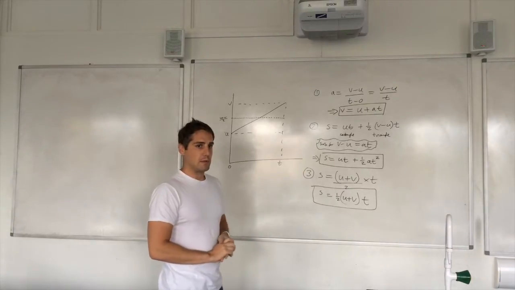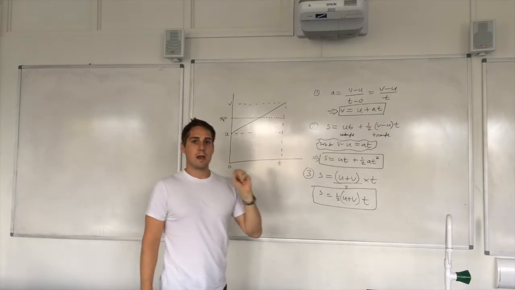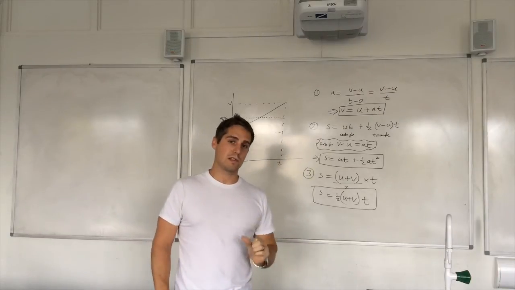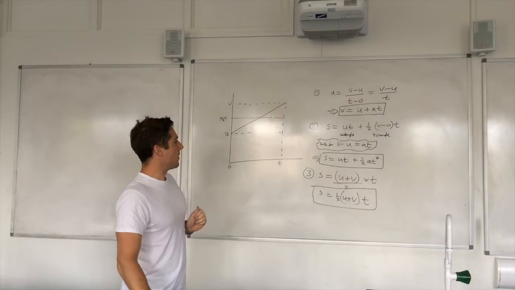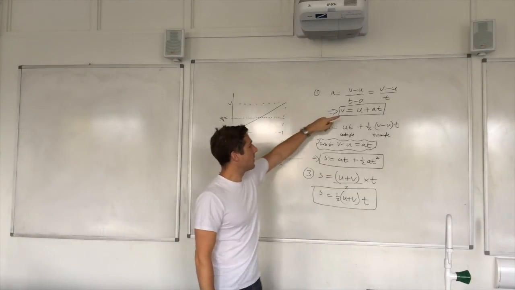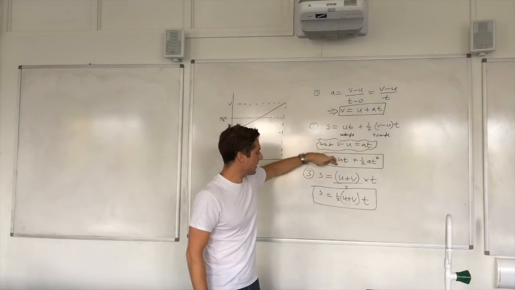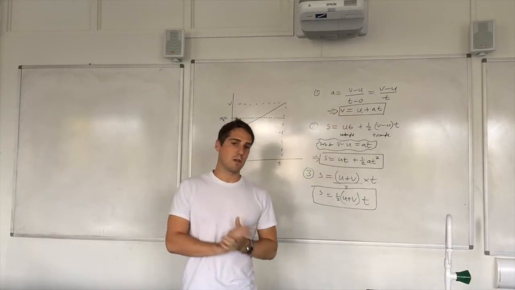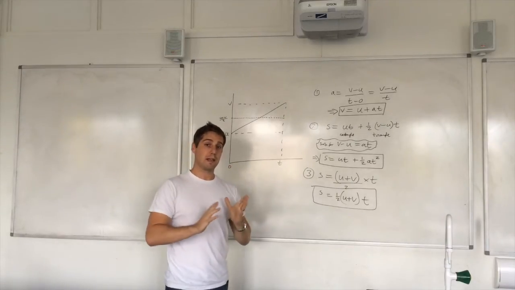Now I want you to notice something, that all 3 of these equations have one quantity in common. In fact, they have 2. It's not the u though. Okay, so you see each equation has a u. They have another quantity in common, and what we're going to do is eliminate that quantity.